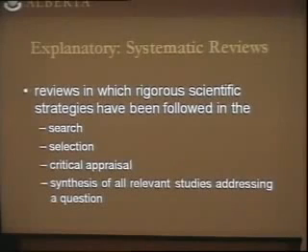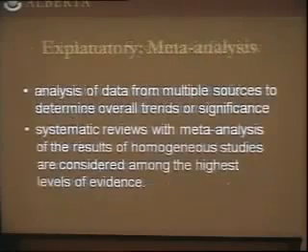As I mentioned earlier, it is a systematic approach to searching for articles, casting as broad a net as possible to capture all the possible articles, then searching through those articles to find the ones that are relevant to that well-built clinical question, assessing them on quality, critically appraising them, and then trying to put the numbers together to get a synthesis of all the relevant studies.